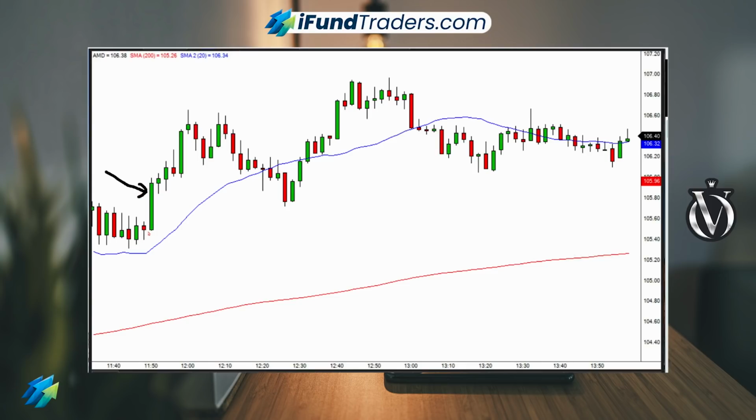We have to protect ourselves under the reason. If the elephant bar plus is the reason for getting in, then why would you want to stay with the stock if the market removed your reason? You don't want this down here, right?